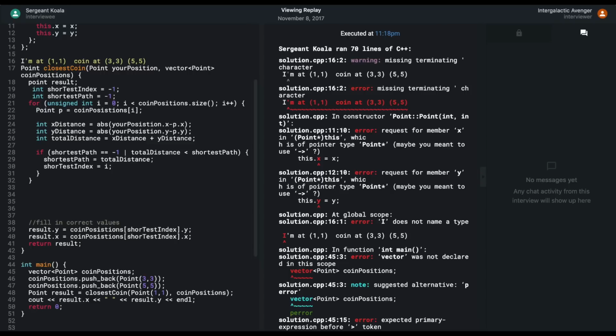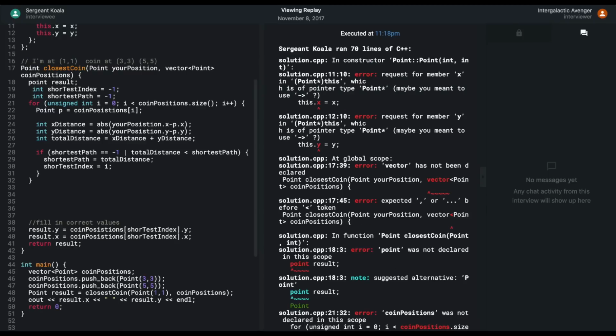Oof! Ouch. Okay. Well. Missing terminating character. Oh, well, that's just for this. That was okay, that line. That's easy. No, it's still upset. Oh, this is a pointer. That was my error.